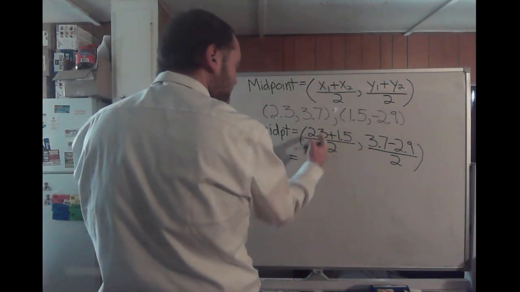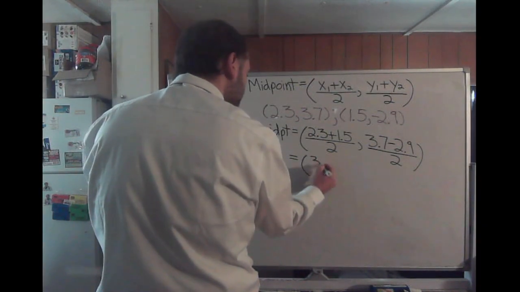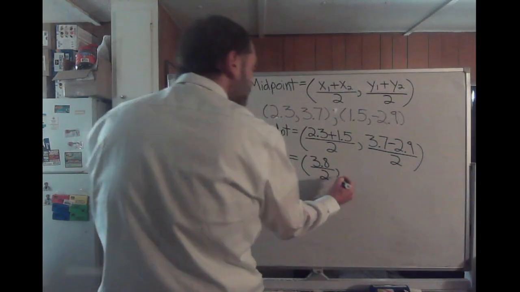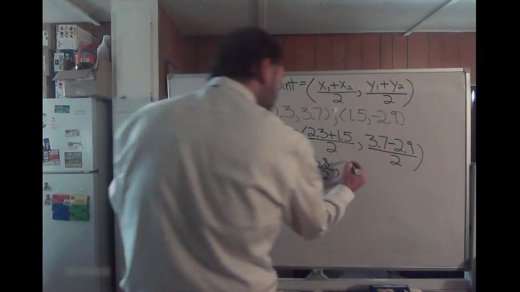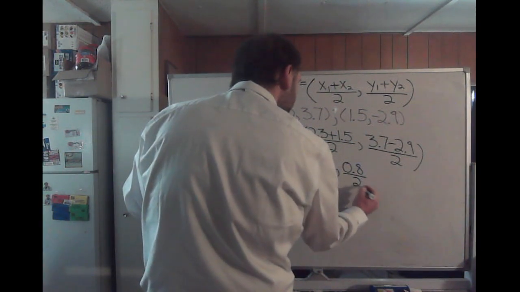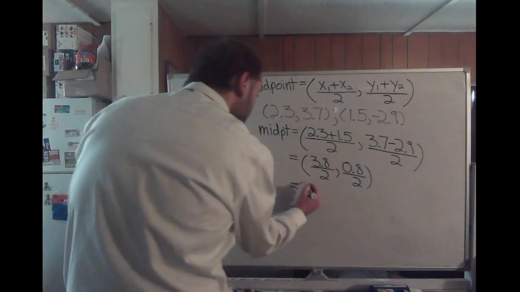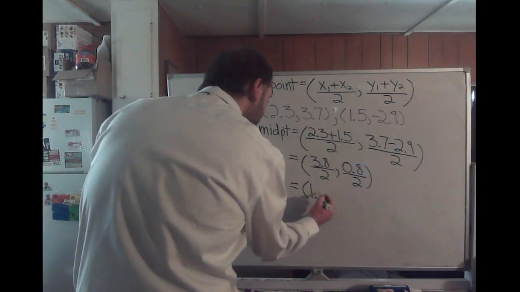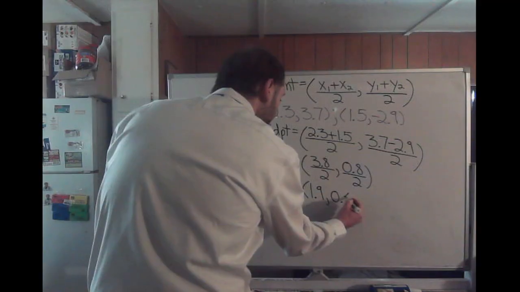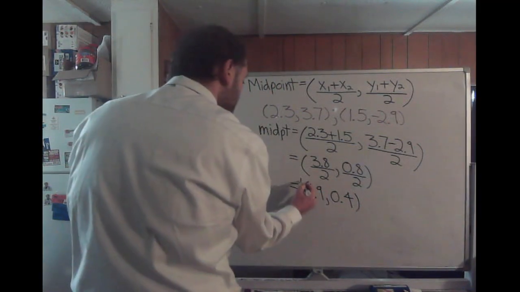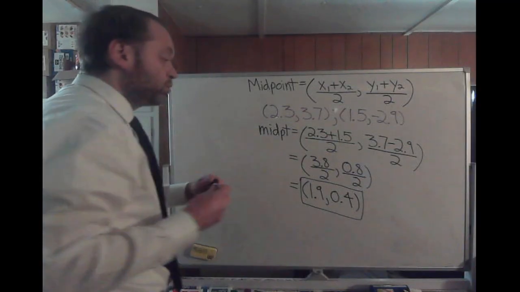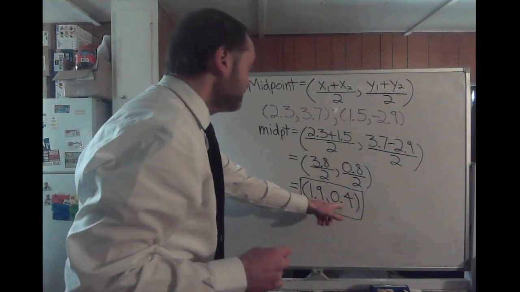So 2.3 plus 1.5, that's 3.8 divided by 2. Then 3.7 minus 2.9 is 0.8 divided by 2, which would give you your midpoint to be 1.9, 0.4. So the midpoint of these two ordered pairs would turn out to be 1.9, 0.4.